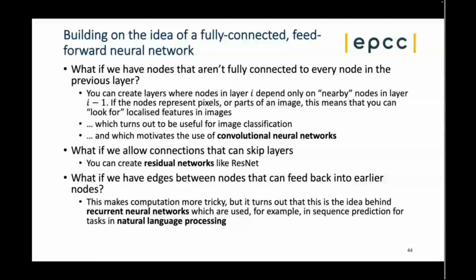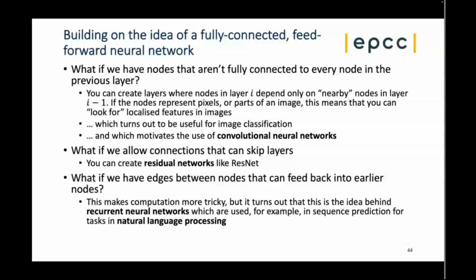One thing you can do is to create layers where nodes in layer i depend only on nearby nodes in the previous layer. And if these nodes are then used to represent pixels or parts of an image, this means you can look for what are effectively localized features in images, because you're finding bits where pixels are related to their neighbors. This turns out to be useful for image classification, and this motivates the use of convolutional neural networks that we'll talk about next.